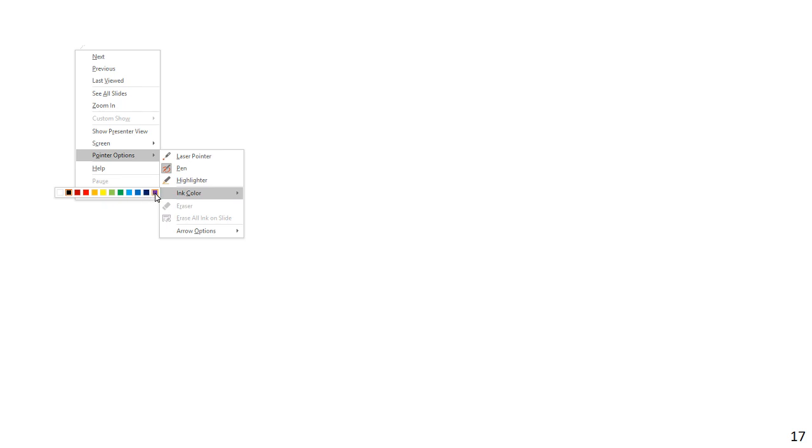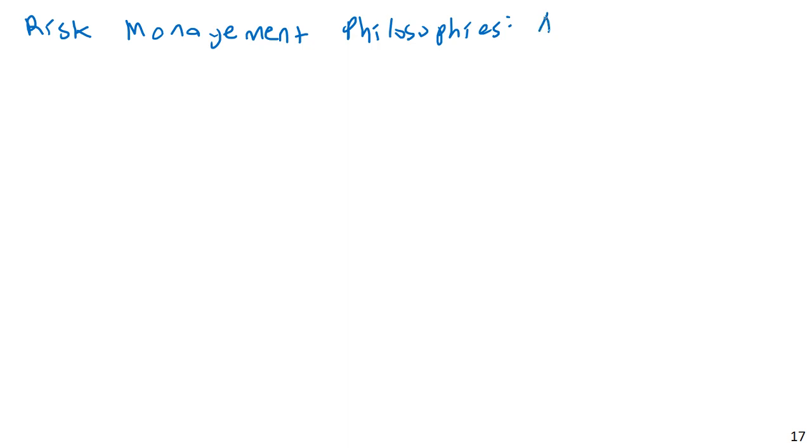So maybe I could call this risk management philosophies, and this would be ASD versus LRFD. I haven't described what those are yet, but we will do this now.